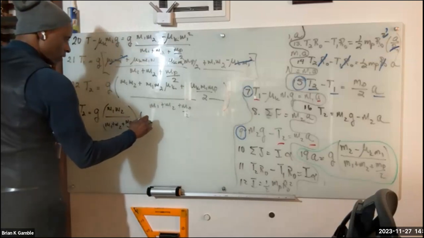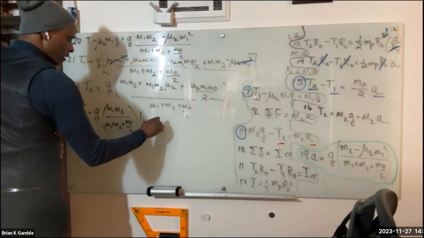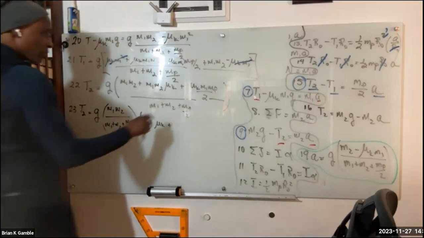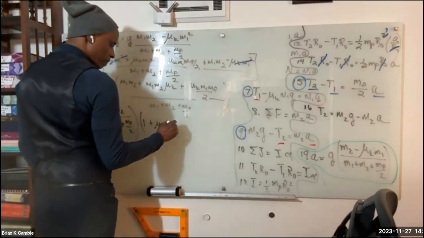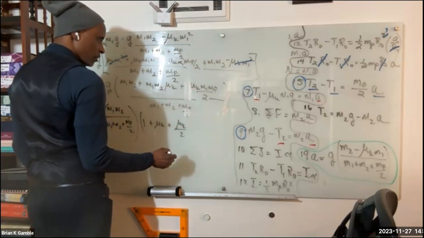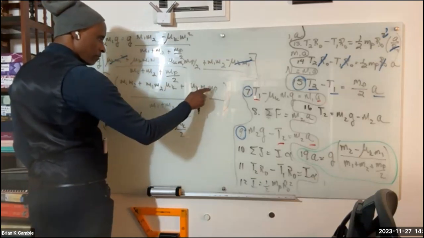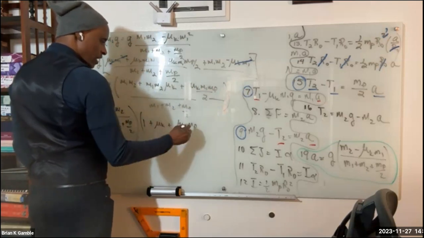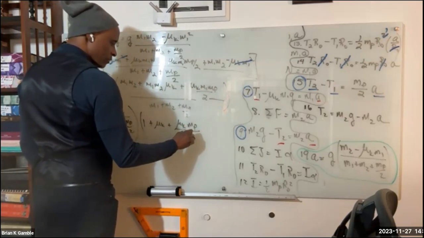1, there's a mu k, and here it's got to be friction, it's got to be a unitless number. So we have the mu k, we have the 1 over 2, and the mp will still be there. The m1 got factored out, but I have to now divide by an m2.